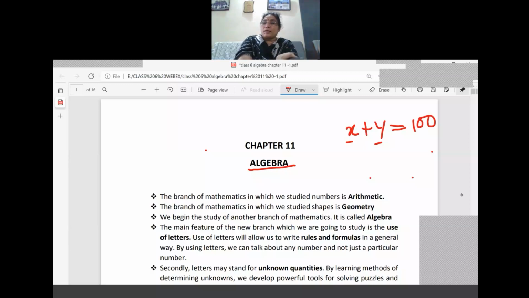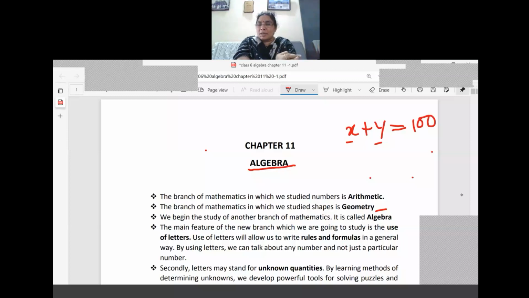Later what we learned, the next branch, geometry: constructions, making angles, drawing a line, point, plane, like that we have learned. These all come in the branch geometry, right? So these two branches are very familiar to you. Now the new branch you are going to learn today is algebra. That is another branch of mathematics.